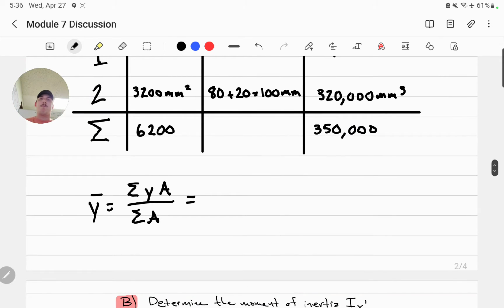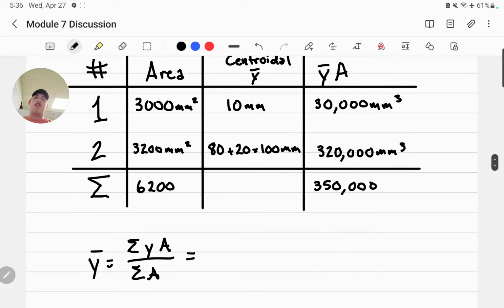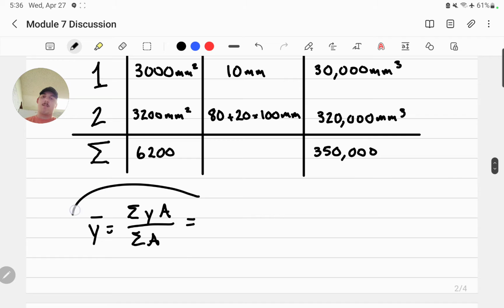To get the total centroidal Y location, I have my formula here that states that the sum of YA over the sum of A equals my overall centroidal Y location.